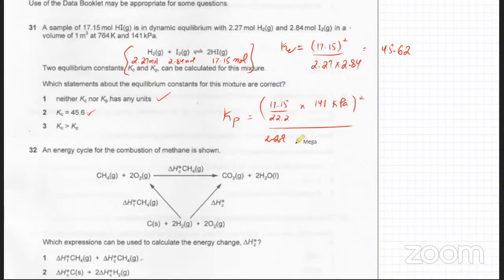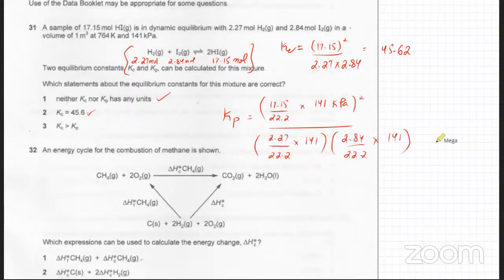It's going to be 2.27 divided by the total 22.2 into 141 kPa. And then multiply that by the other one, which is 2.84, divided by 22.2 into 141, over kPa.